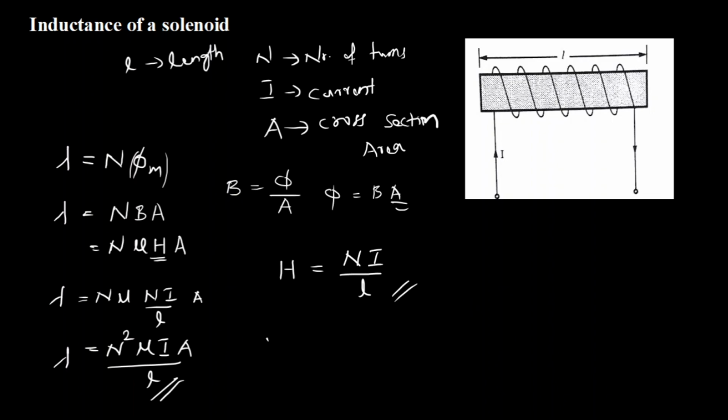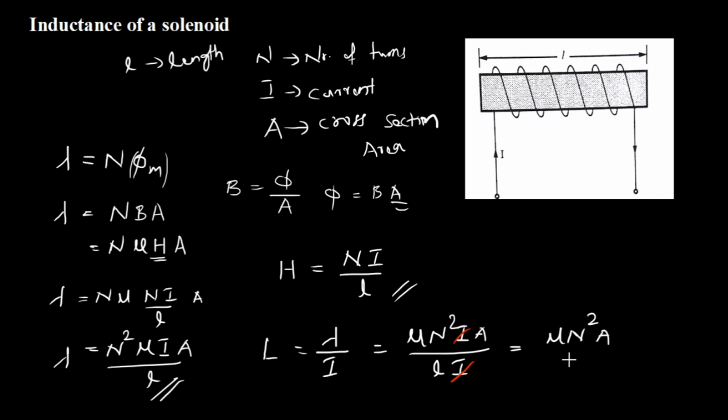The inductance of the solenoid can now be derived from the definition of inductance: L is the total flux linked divided by the current producing it, so lambda by I. I write this as mu N square I A divided by L into I. The I cancels out, so I get my inductance as mu N square A by L. This many Henry is the inductance of a solenoid having N turns, cross sectional area A and length L.